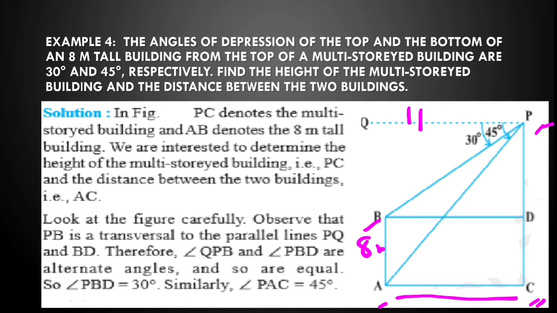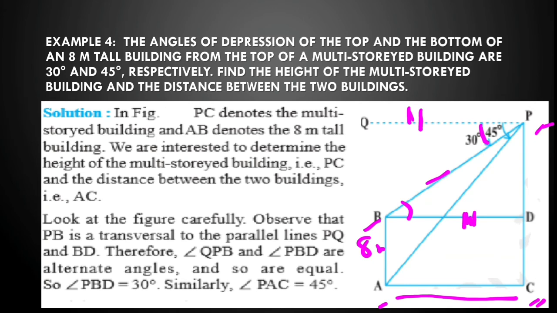This PQ is the horizontal level and BD is also parallel to the horizontal level. So PQ and BD are parallel to each other and PB is the transversal. That means if this angle is 30 degree, this will also be 30 degree.